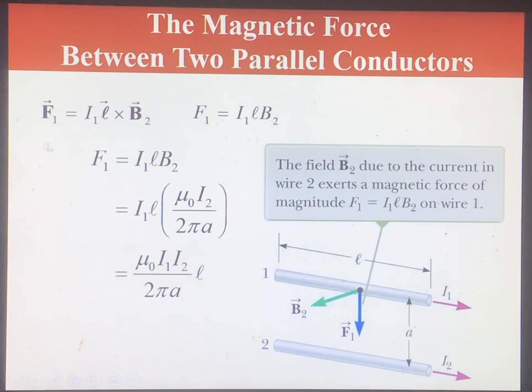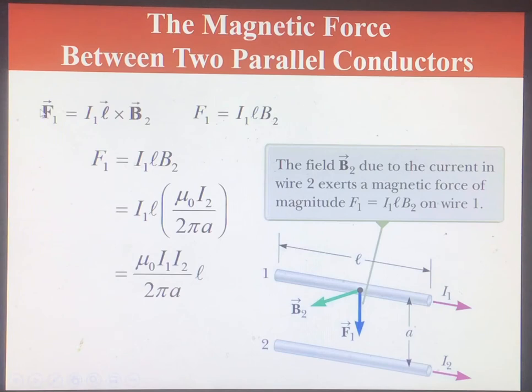So I want to calculate, for example, the magnetic force F1 produced on this conductor here. Since conductor number 2 carries a current, it's going to generate a magnetic field B2, and this magnetic field B2 is going to exert a force on conductor number 1.